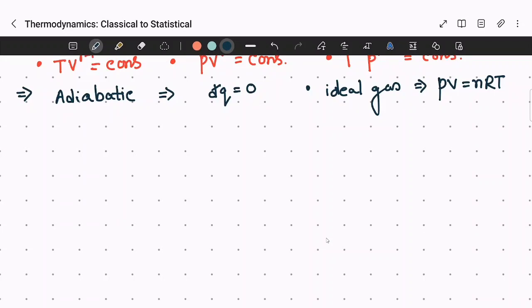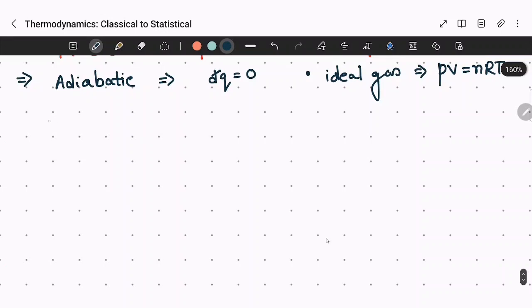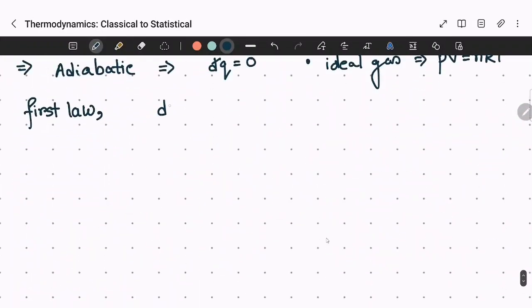Okay, so what will be our first law? Now the first law will be dU equals minus PdV, because obviously dq is 0. Okay, dU is equal to minus PdV.